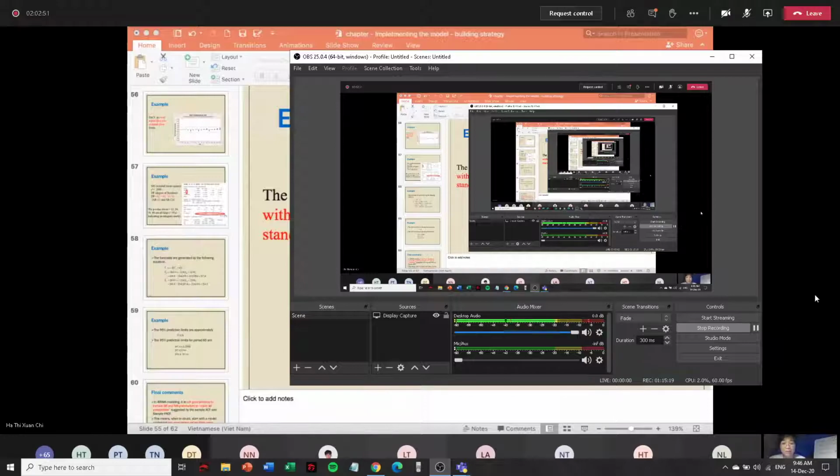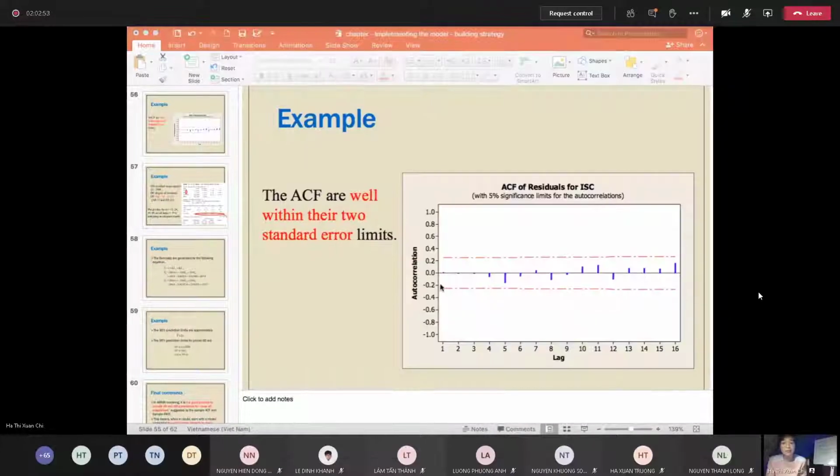Die out and cut off. Die out means tend to 0 gradually, and cutoff means disappear or 0. So if you look at these figures, you can see that the first one, the ACF dies out, and the PACF cuts off.